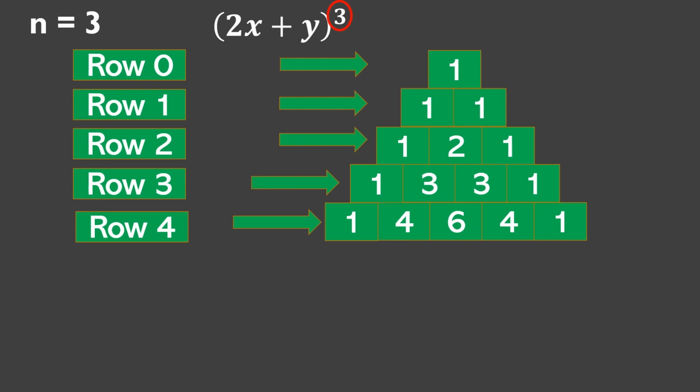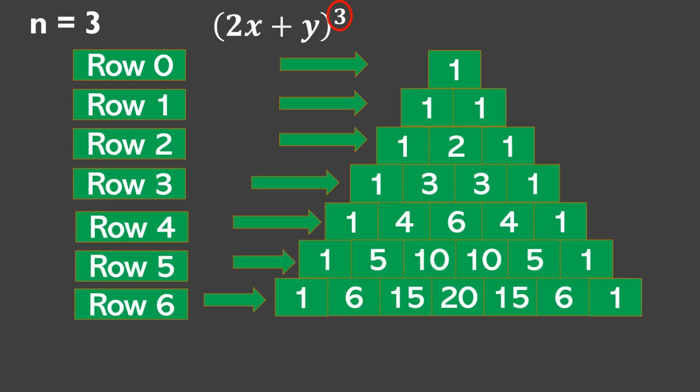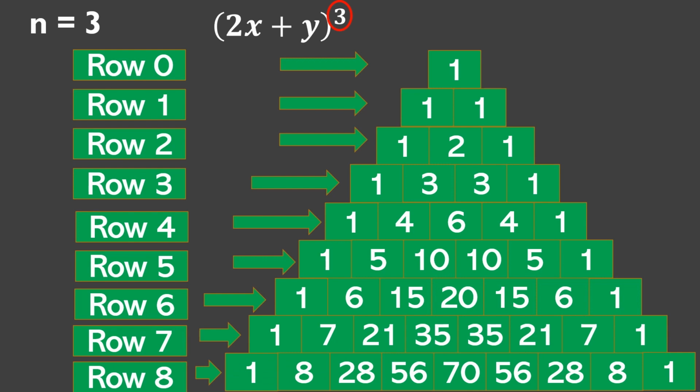If you have not watched the previous video where I explained Pascal's triangle very well, kindly see the link above for further details. Now, what we have here is the Pascal's triangle. We have the Pascal's triangle from row 0 to row 8. You can go beyond row 8.